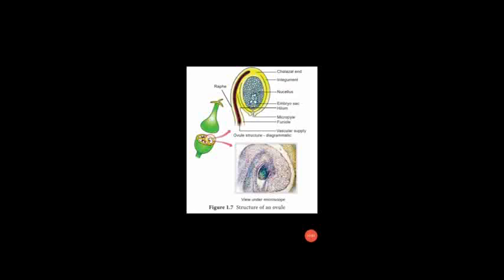Dear students, see the diagram. This is the structure of the ovule. The type of the ovule is an inverted ovule because micropyle is at the base and chalaza is at the top. But we have to explain that chalaza is the basal region and the micropyle is the top region.